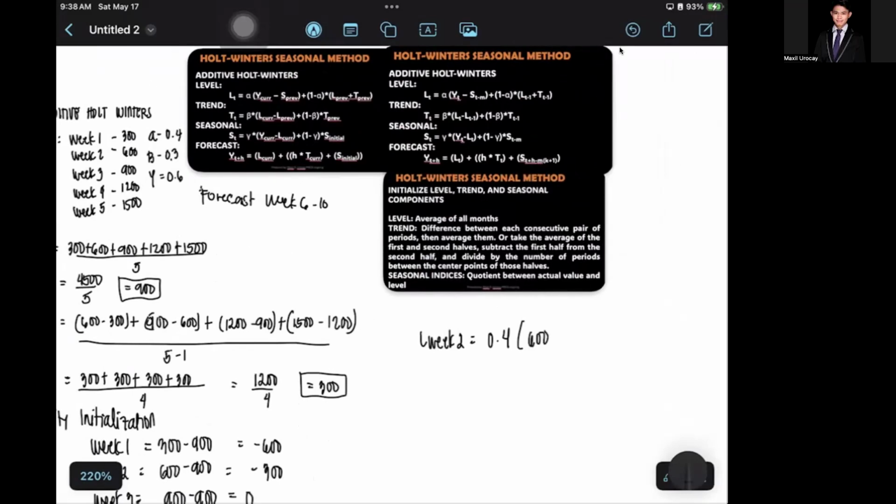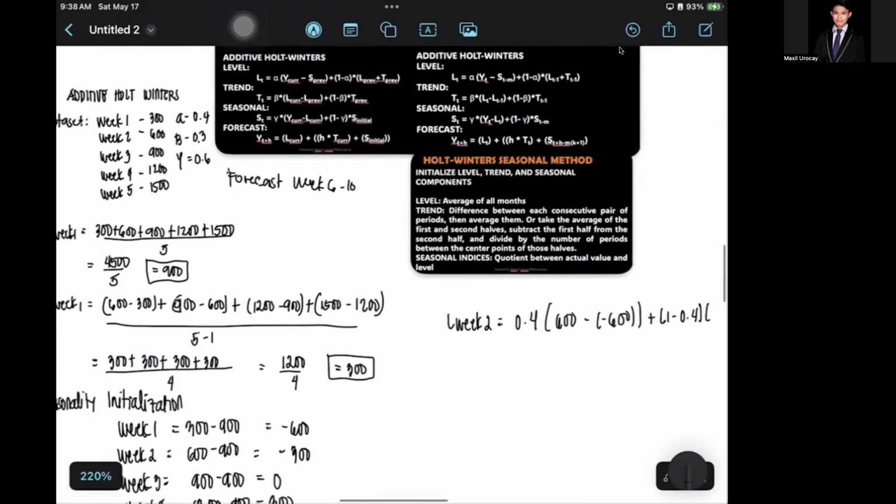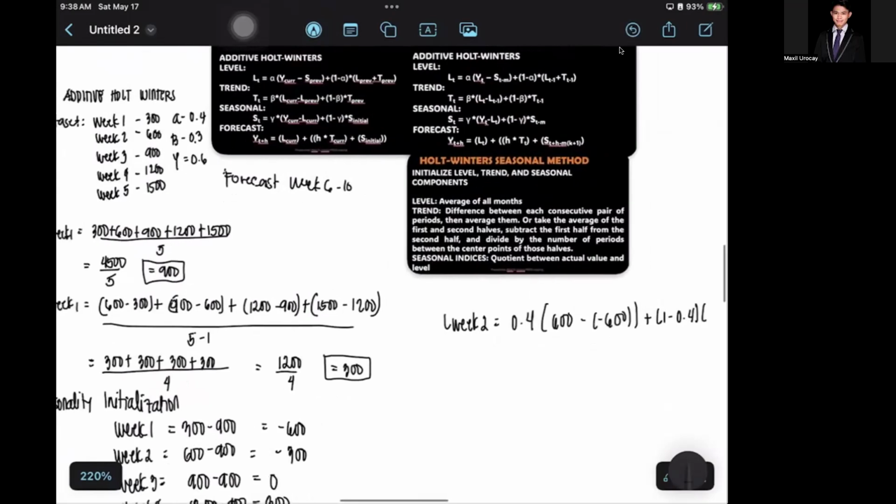Then minus the ST minus M. When we say ST minus M, that is the previous seasonality. The previous seasonality is negative 600. Since we are already in week two, now plus the smoothing parameter, 1 minus 0.4, and then times the previous level. The previous level that you do have is 900.